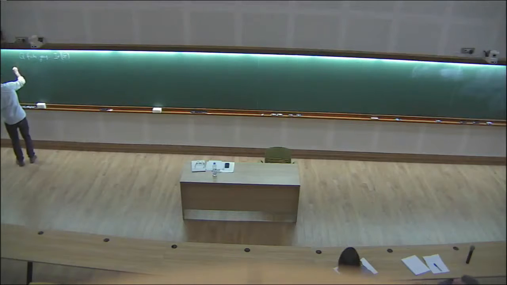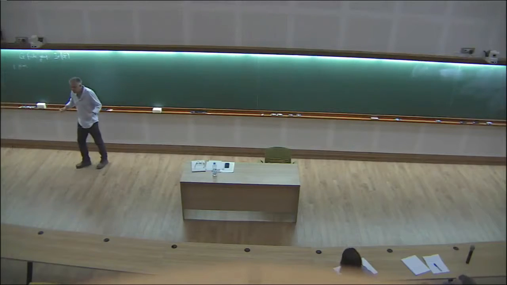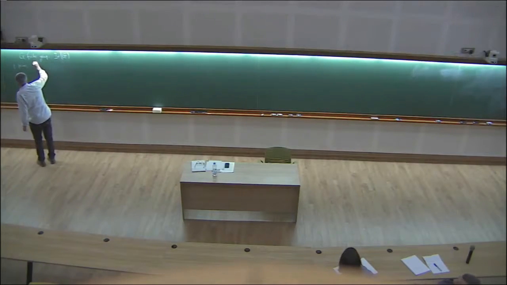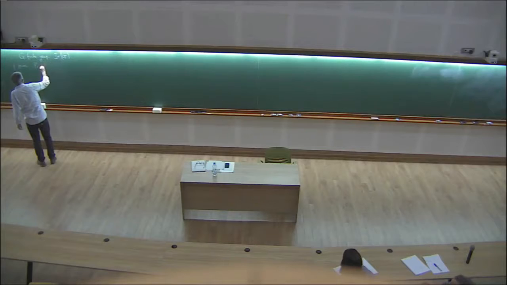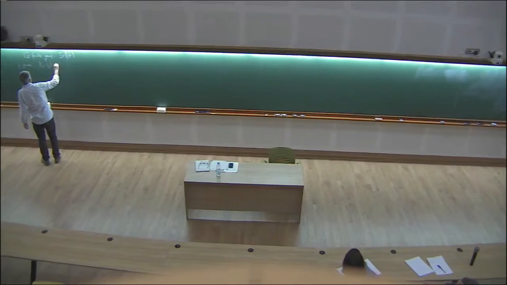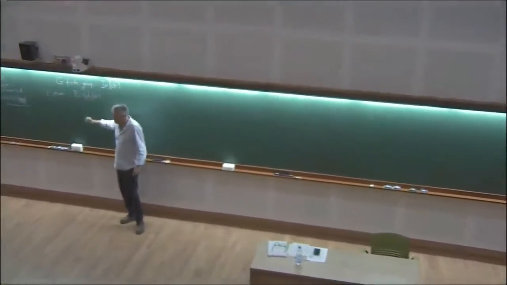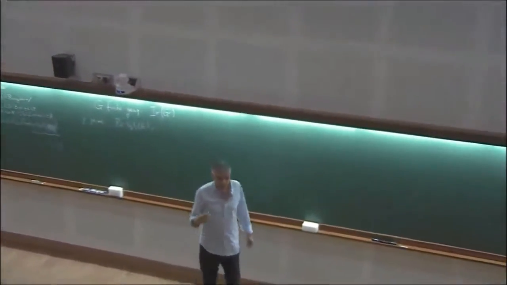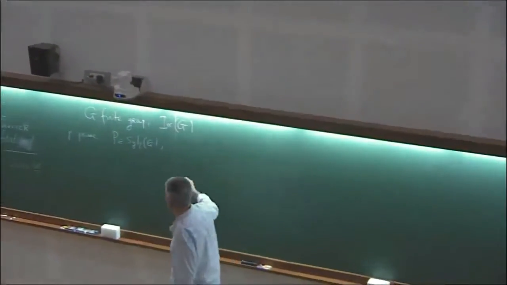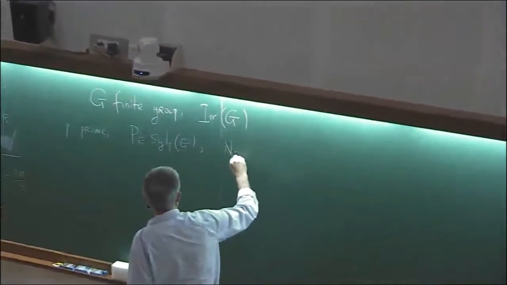So I'm going to fix a prime p. And in the most basic situation, I'm concerned about Sylow p-subgroups. And the local part are p-subgroups, the most important p-subgroup, and also normalizers of p-subgroups. The most important one is the Sylow normalizer.